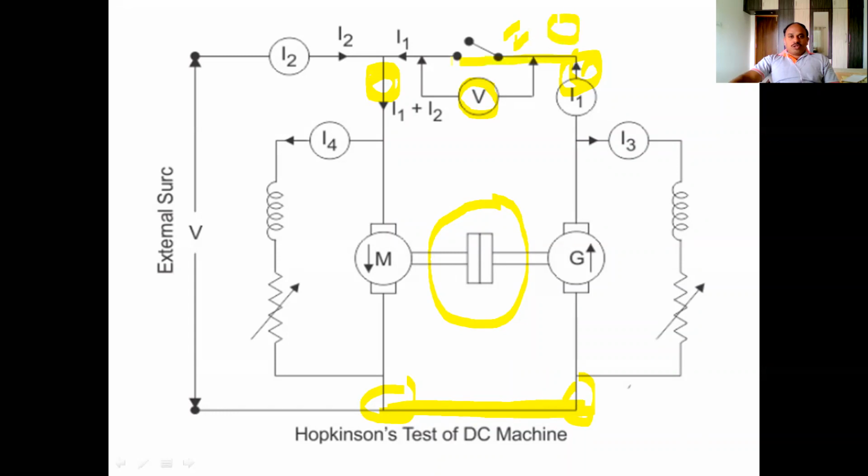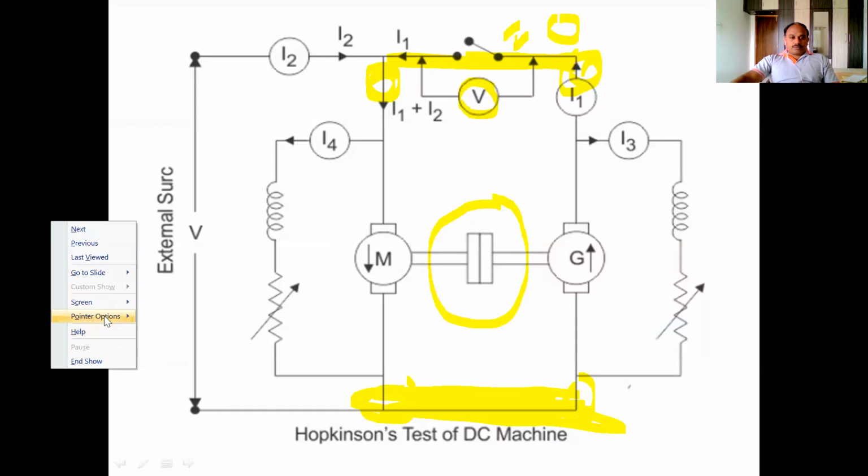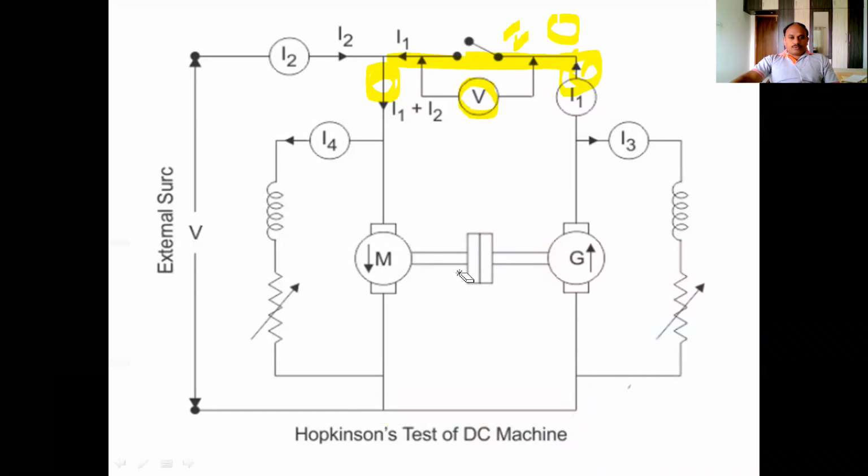That means both machines are electrically connected in parallel, and both are mechanically coupled.